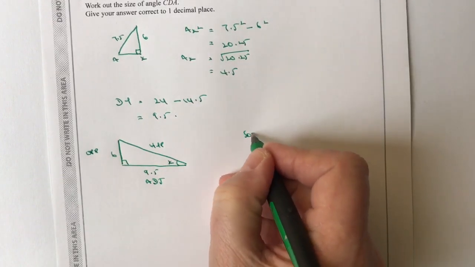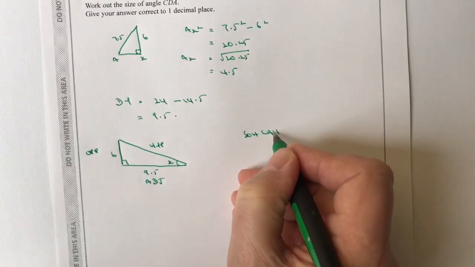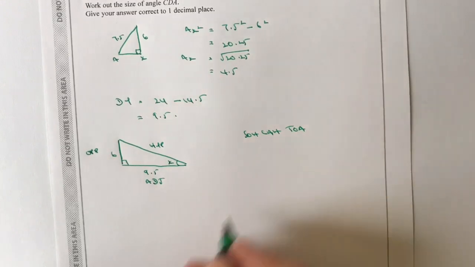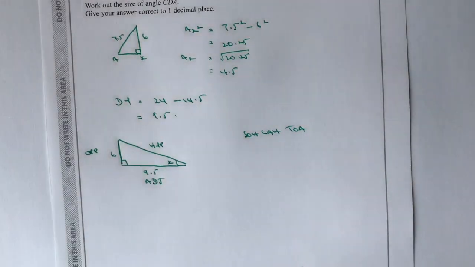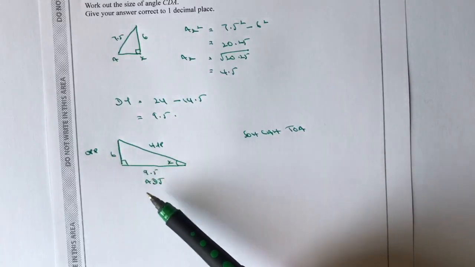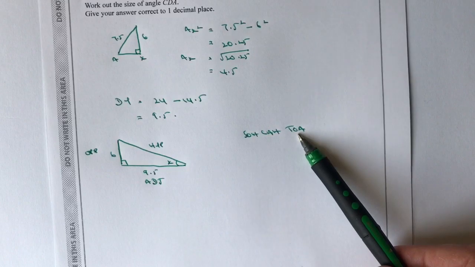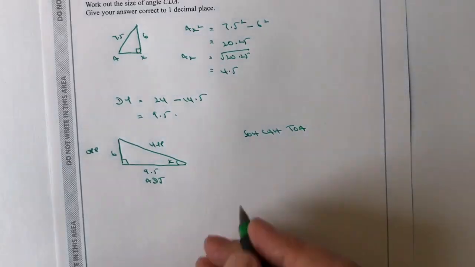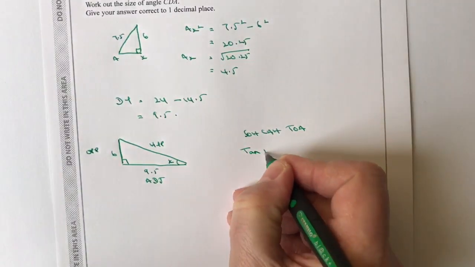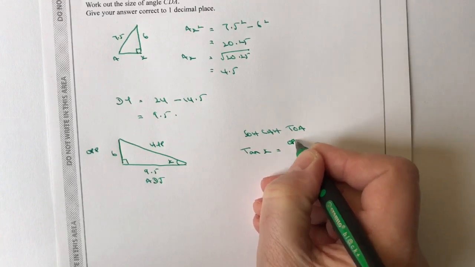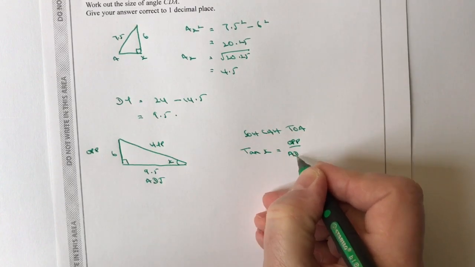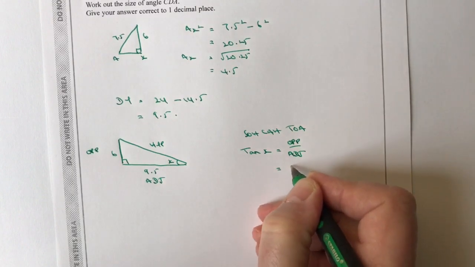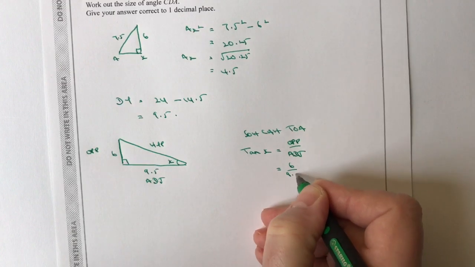So with SohCahToa, I can then elect which ratio I'm going to use. I know the opposite and the adjacent, so I'm going to use tan. So tan of x equals the opposite divided by the adjacent, which is 6 divided by 9.5.